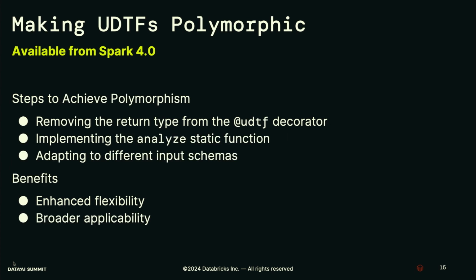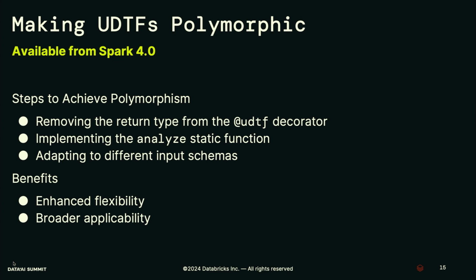To make UDTFs polymorphic, we need to implement certain methods that enable them to adapt to different input schemas. The first step is to remove the return type from the UDTF decorator. Instead, we can define the return type dynamically within the analyze static function.